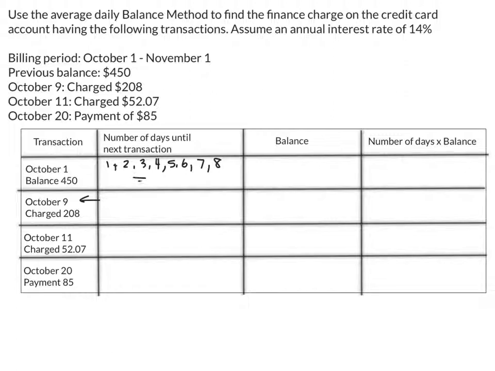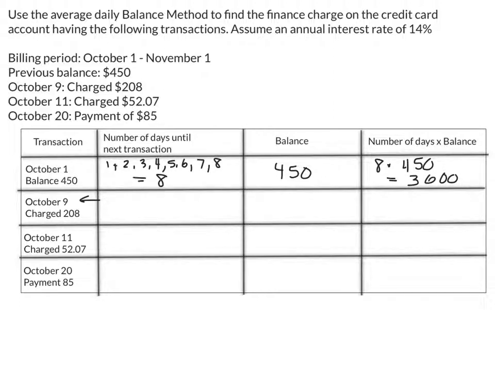That represents 8 days. The balance is the starting balance, $450. Next, we multiply the number of days, 8 times 450, to get $3,600.